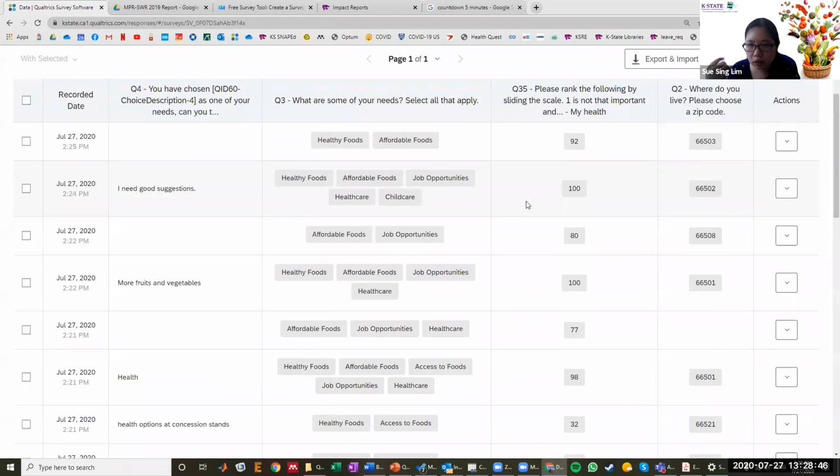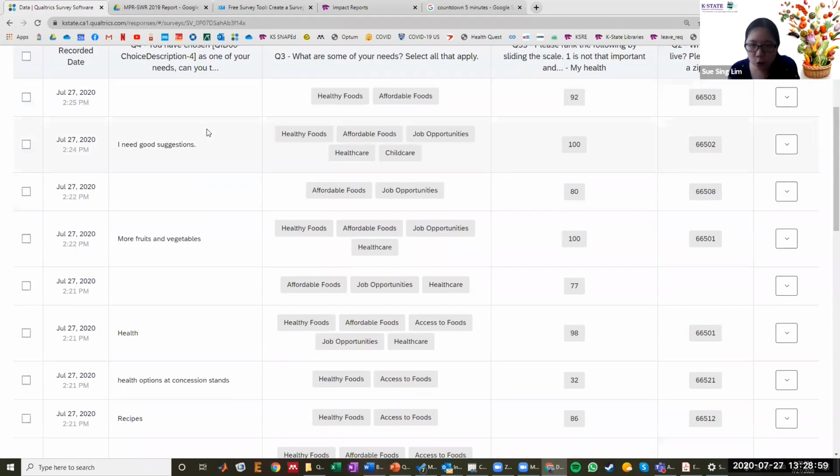It doesn't really show you all the survey questions because it will really cramp the whole page and you couldn't really see it. This is only like a quick glance of what people have chosen.